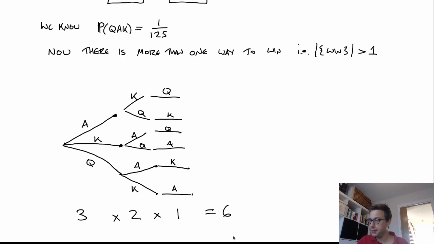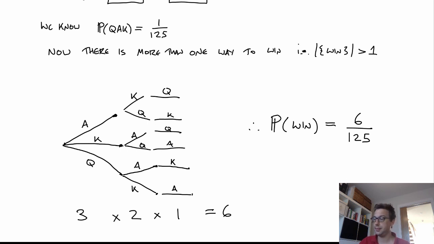In other words, the total number of outcomes where you win is 6. So the probability of winning is 6, the size of this set, divided by 125.